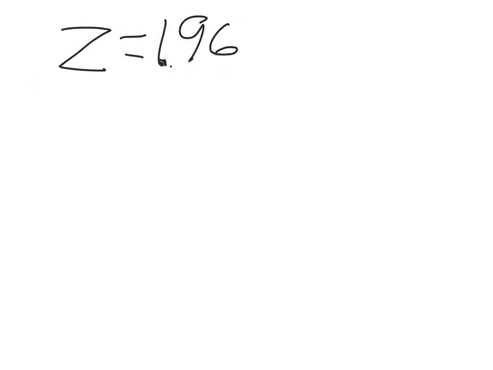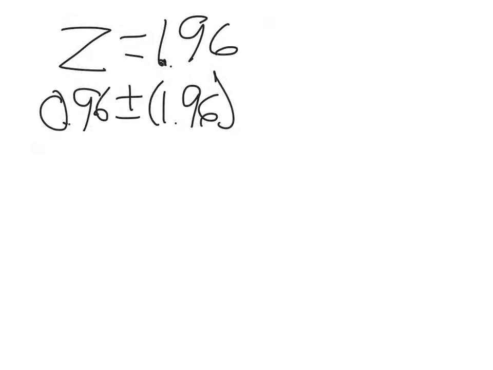So I can put all this together, and I'm going to have 0.96 plus or minus 1.96, there's your z, times the 0.00876.